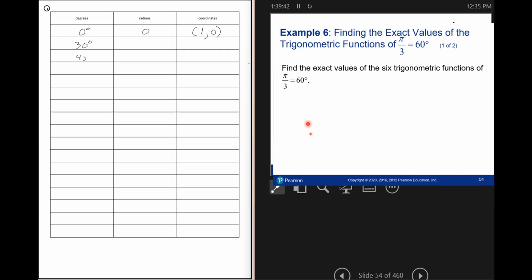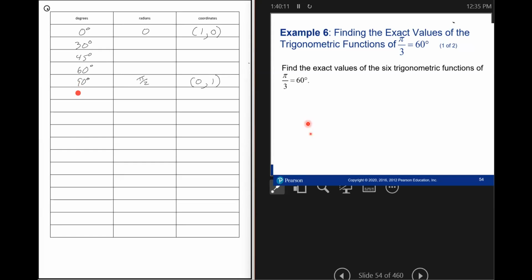And then we have 45 degrees, and then 60 degrees, and then 90 degrees, which is pi over 2, which is 0, 1. The ones I know I'm going to build across are the quadrantal angles, and those are outside of a pattern I'm going to show.